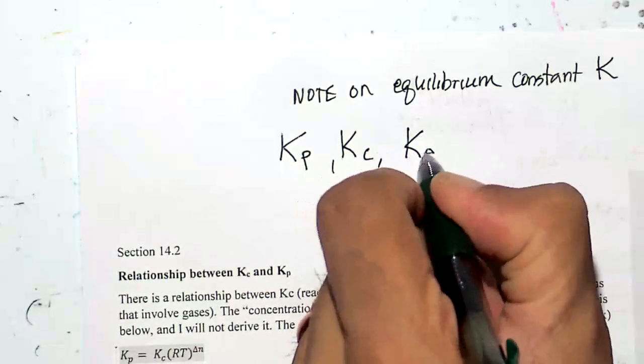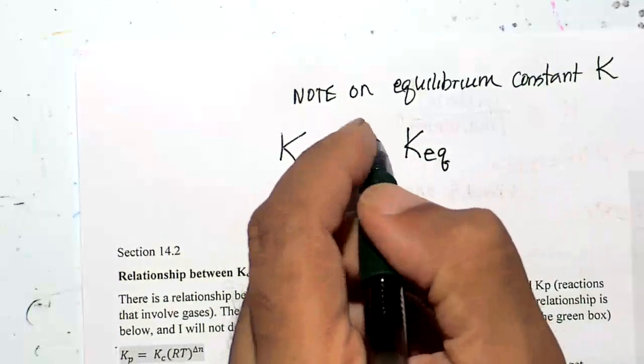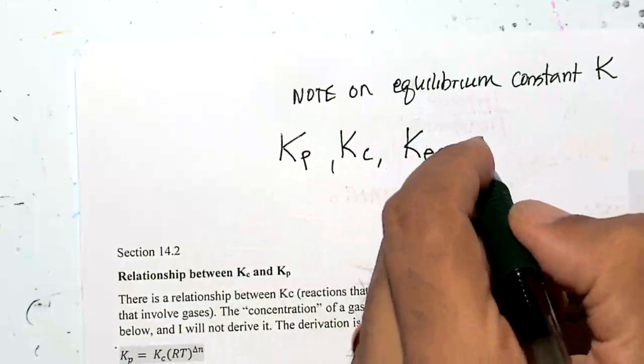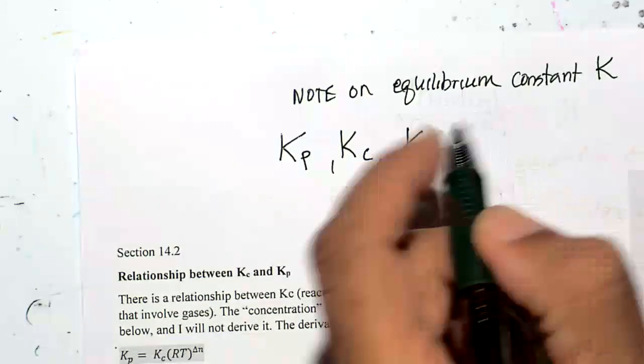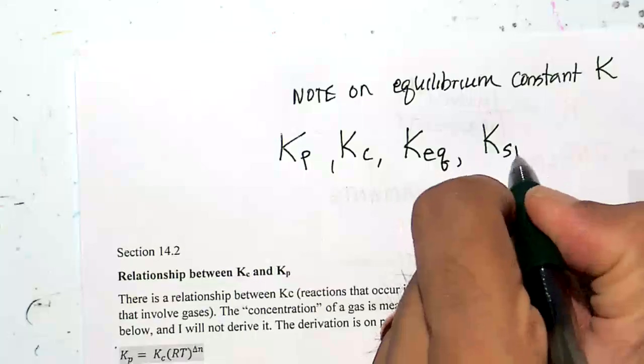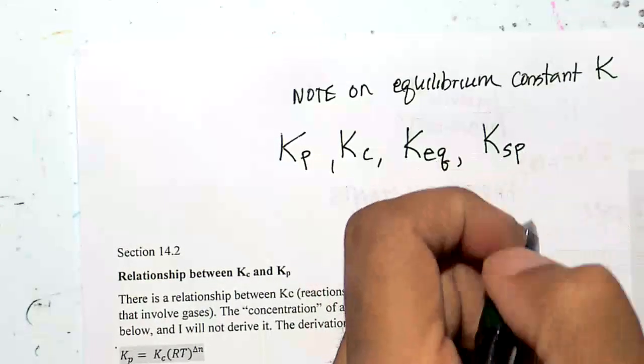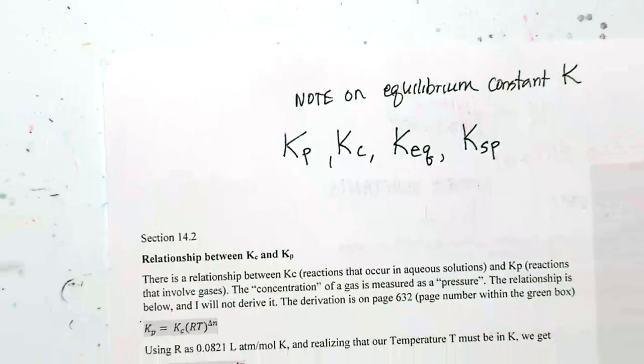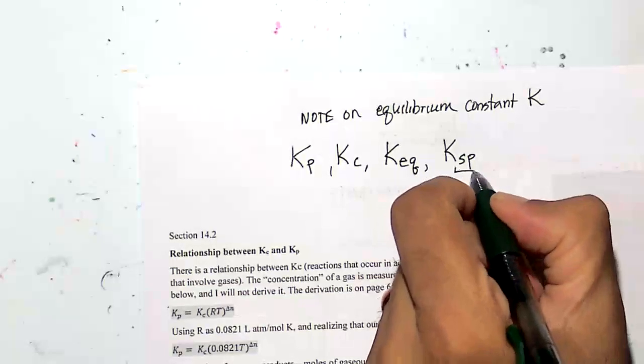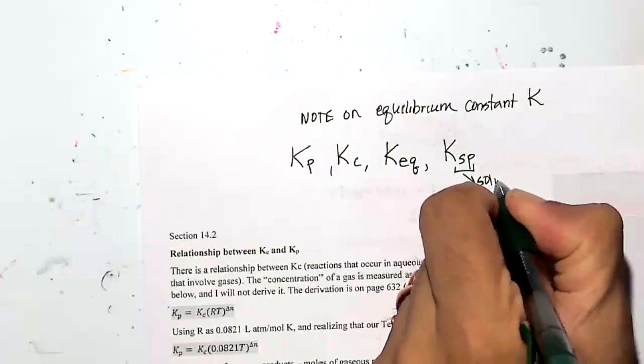There could be a K equilibrium. Later on in this course, we'll be talking about Ksp, so that's chapter 16 or so. This stands for solubility product constant.